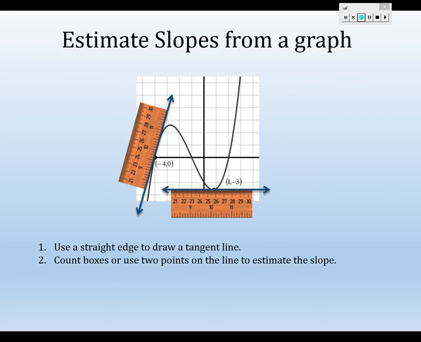Because some people draw one, and I walk up to them and it's not really what we're going for there. Some people might come along this point right here and draw something that's not tangent to the curve.